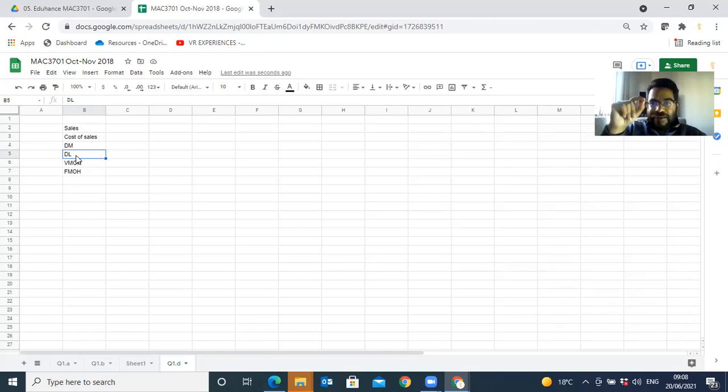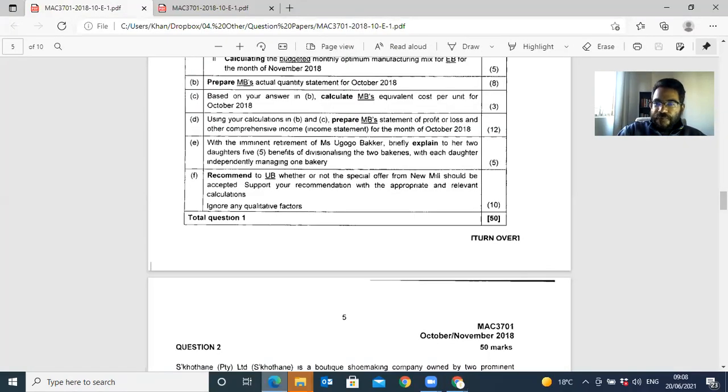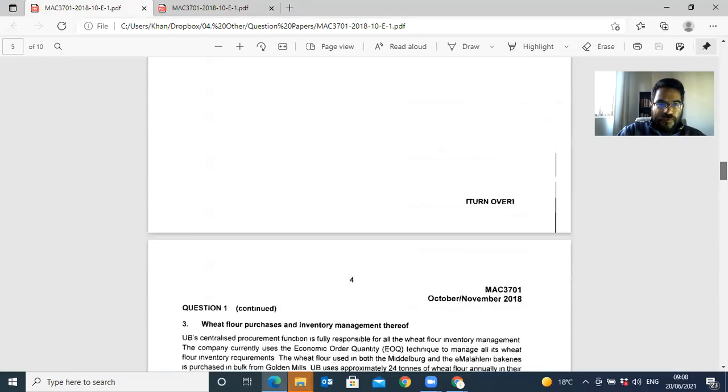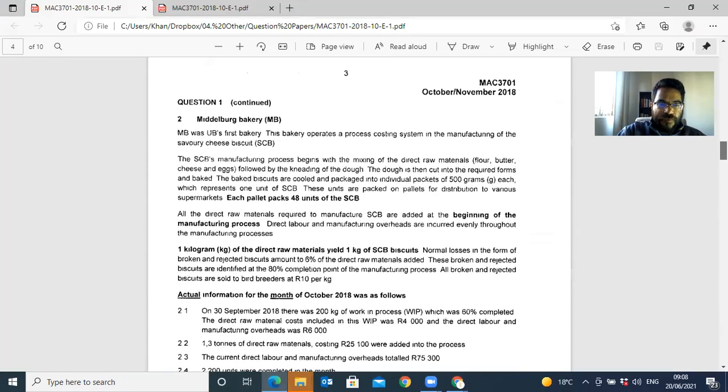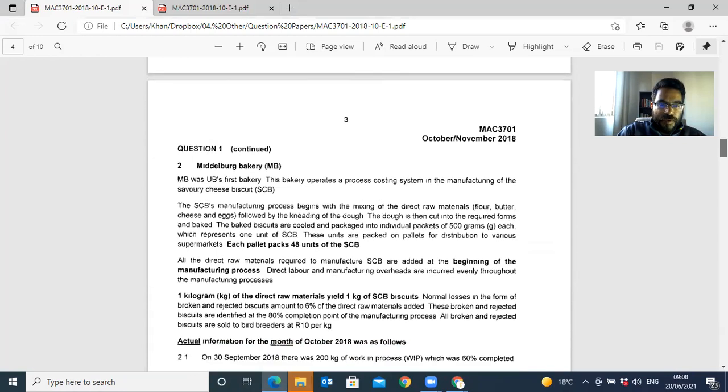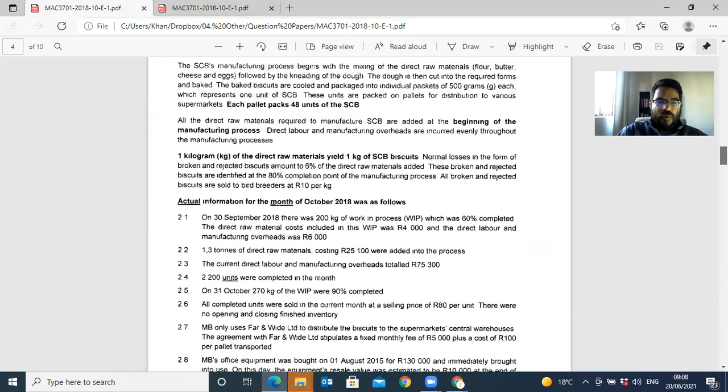But before you write it down in that manner, you must have a look how the question is presented. How did they give us direct material? How did they give us direct labor? How did they give us manufacturing overheads? So if I remember correctly, let me just go check. So I don't quite remember, I have to work through it.